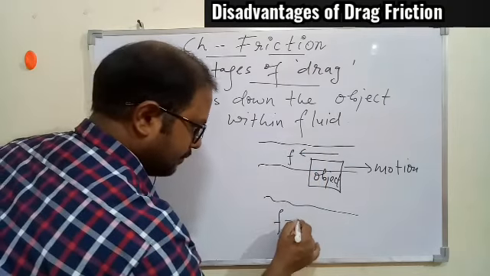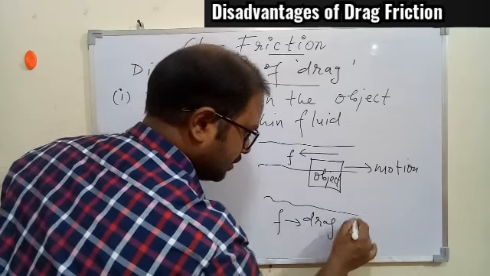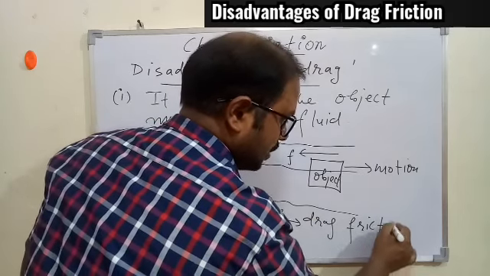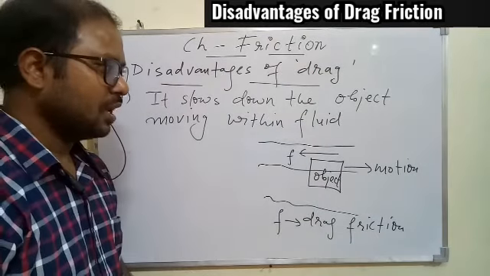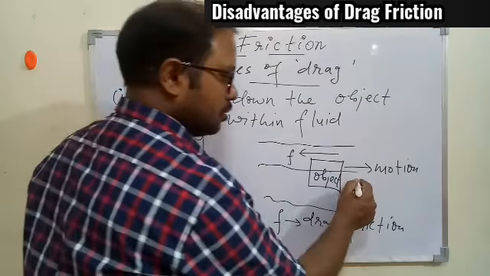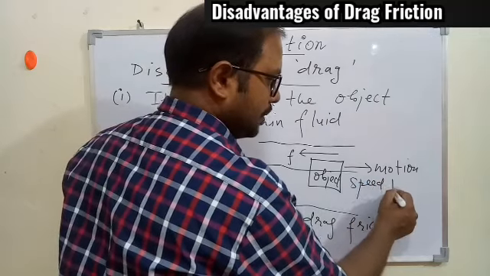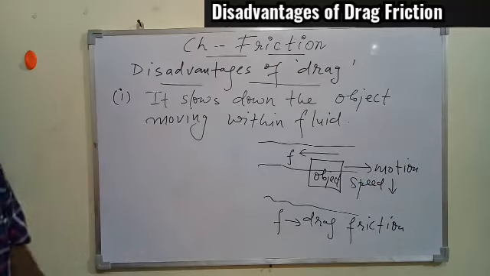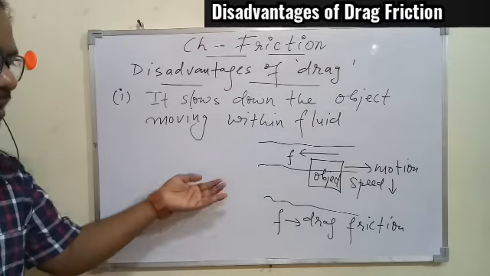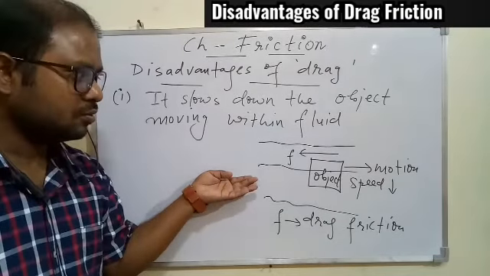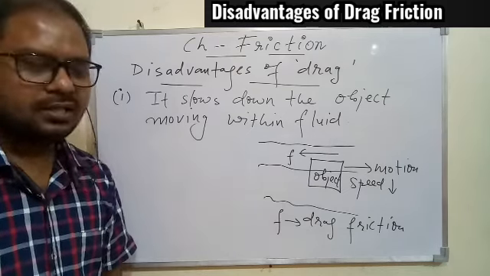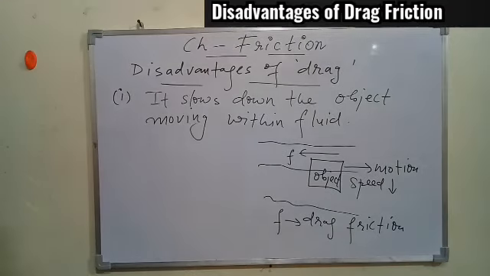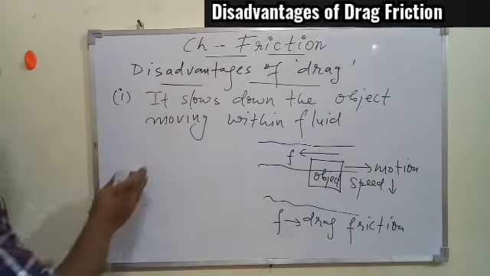So here F is your drag friction, which is always opposite to the motion of the object, and finally the speed of this object will decrease. So the drag friction always reduces the speed of any object moving through a fluid. I hope this is understood. That is a disadvantage we have.